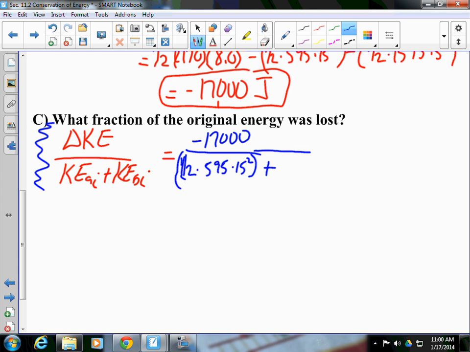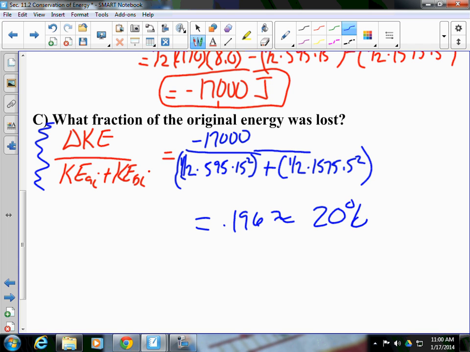Plus the initial kinetic energy of B, the Tahoe, which is 1 half mass, 1575 times 5 squared. When you figure this out, you end up getting a decimal, which is 0.196. We sig fig, and we have 20% of our kinetic energy was lost.